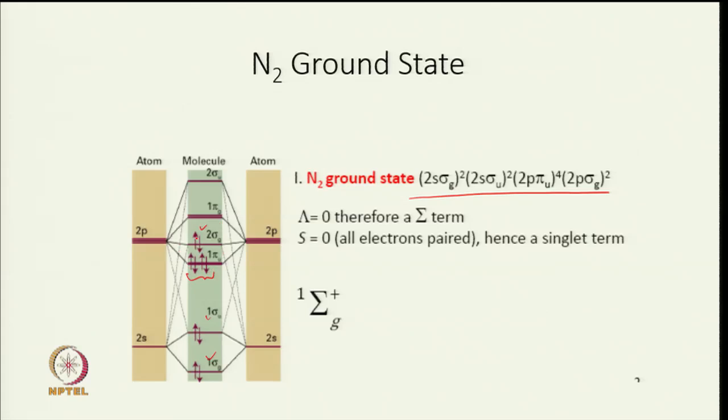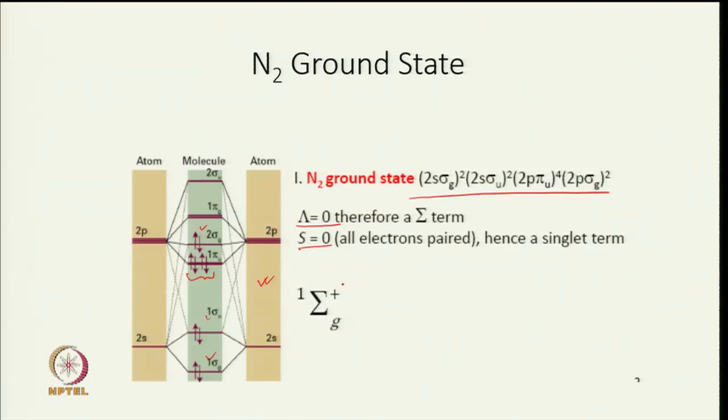So 6 plus 4, 10 electrons are filled here, and certainly there are 4 electrons in the 1s orbitals; we have just removed the 1s orbitals. Now, the electrons are in sigma, so lambda is 0, and S is equal to 0 because they need to be paired, so what you get is 1 sigma g plus.